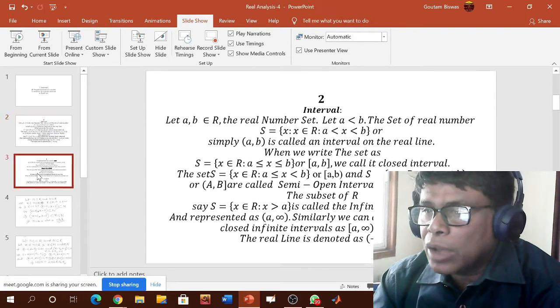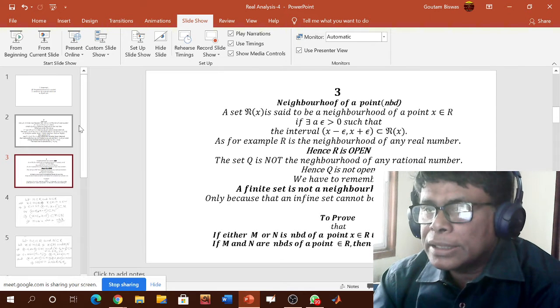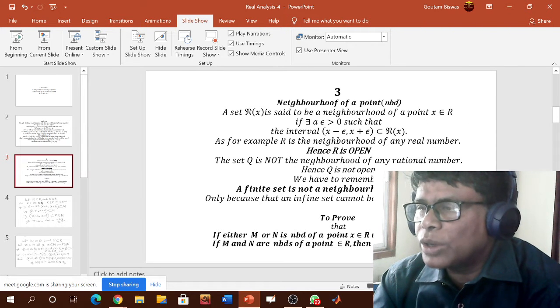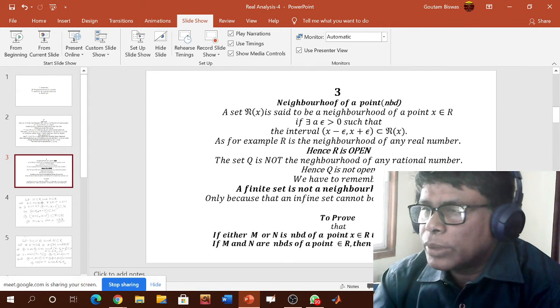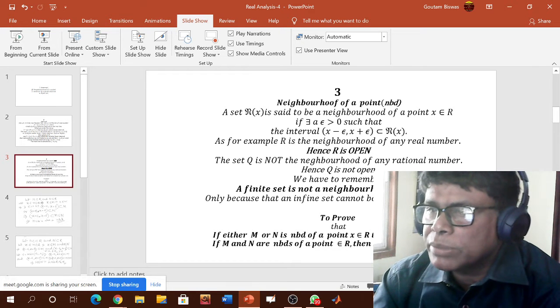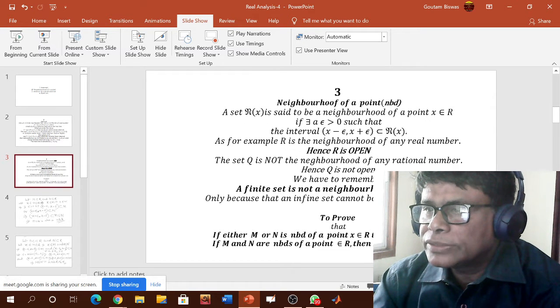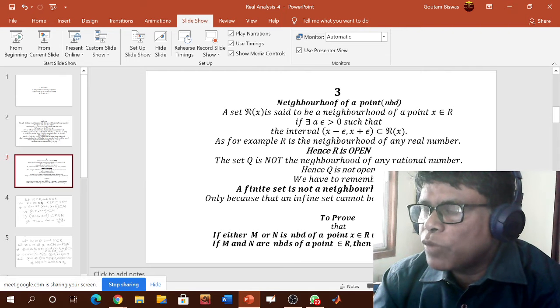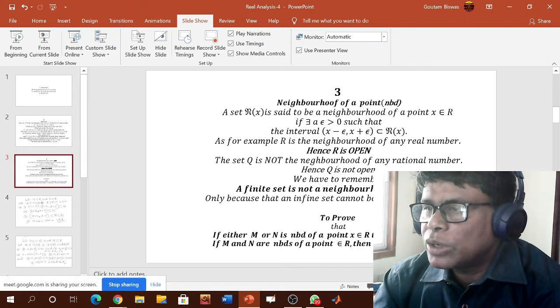Okay, now the second definition is the neighborhood of a point. Neighborhood is represented as NBD in short. Now, this set is said to be a neighborhood set of a point x if there exists an epsilon greater than 0.